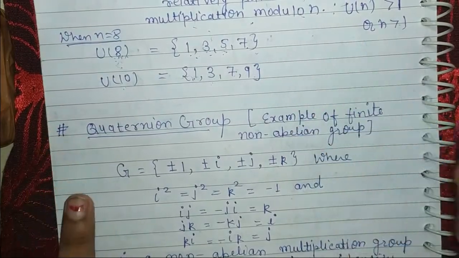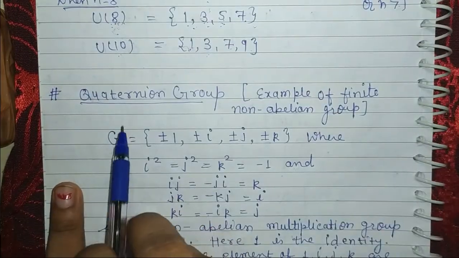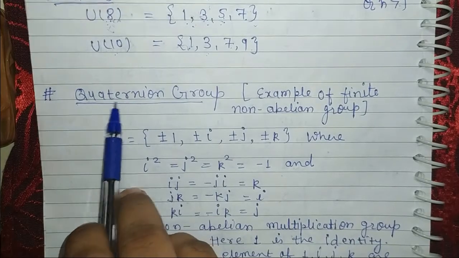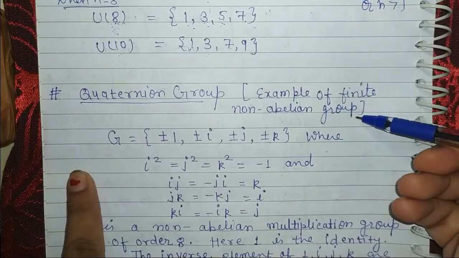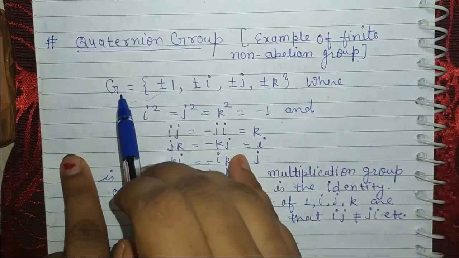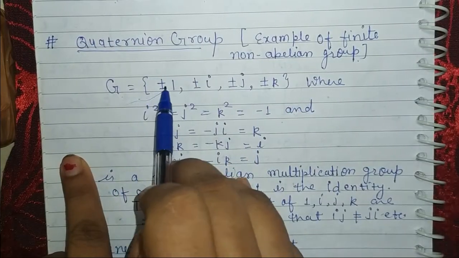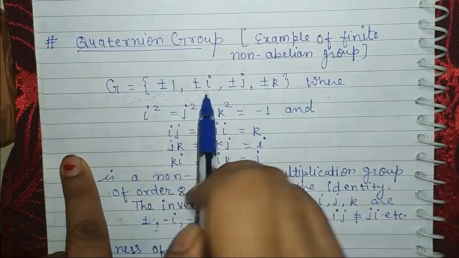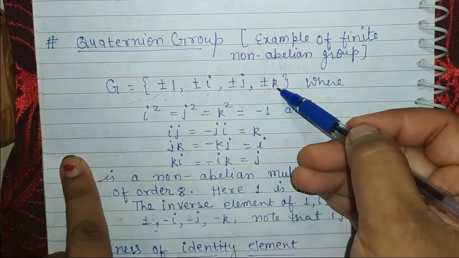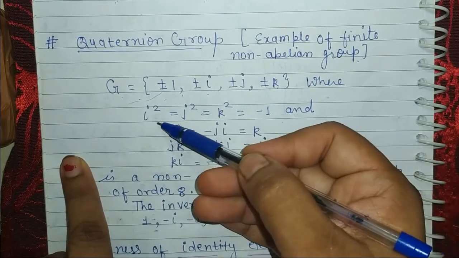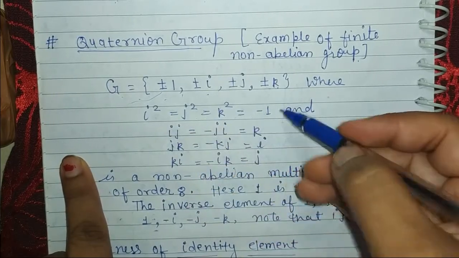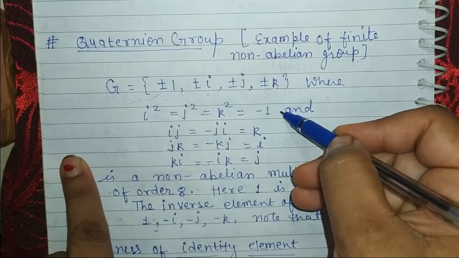U(n) is a group. One more example, and most important example, is the quaternion group. This is an example of a finite non-abelian group. It is defined as G equal to plus minus 1, plus minus i, plus minus j and plus minus k, where the value of i square, j square, k square is equal to minus 1.